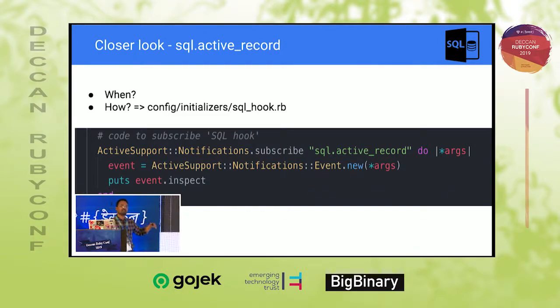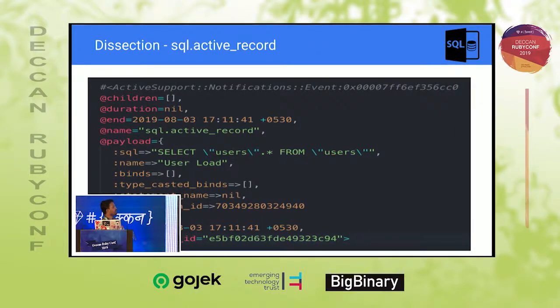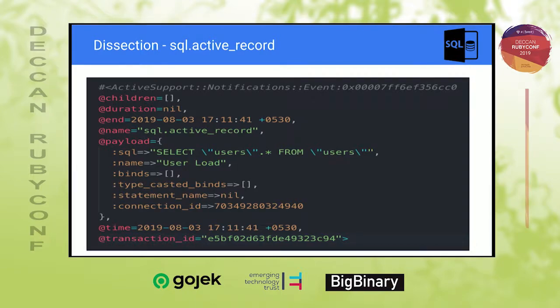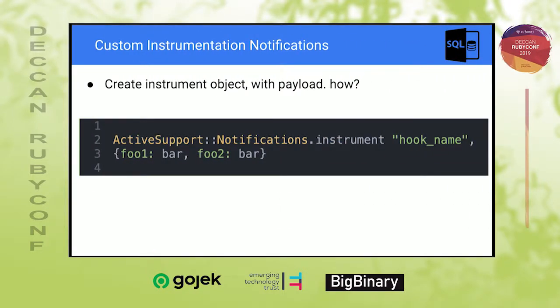This hook will pass a certain payload, and I'm creating an event object out of this and inspecting that event object, and this is the snippet that I received when I listened to that SQL hook. It will have the raw SQL that is being executed, the associated schema name, the transaction ID, and the time parameters. All this will be available to that particular SQL hook. So that is the default hook available in Rails.